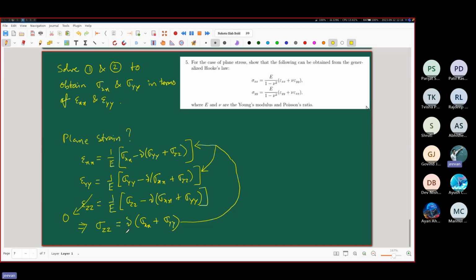So you substitute the sigma zz expression in terms of sigma xx and sigma yy here and here, and then you solve for sigma xx and sigma yy, same strategy as before, in terms of epsilon xx and epsilon yy.